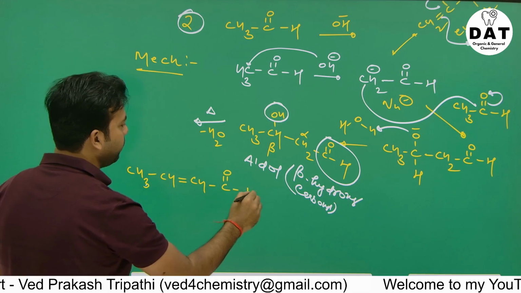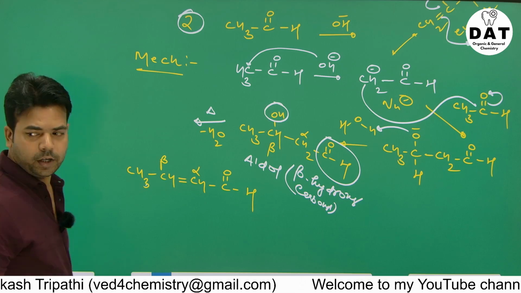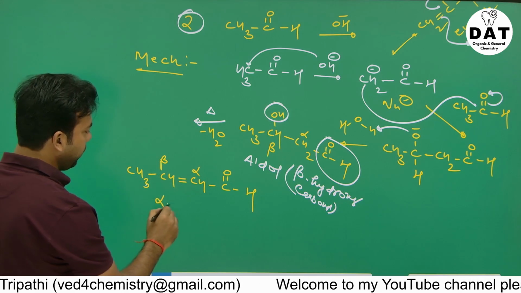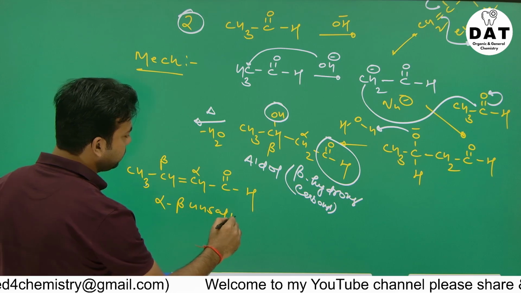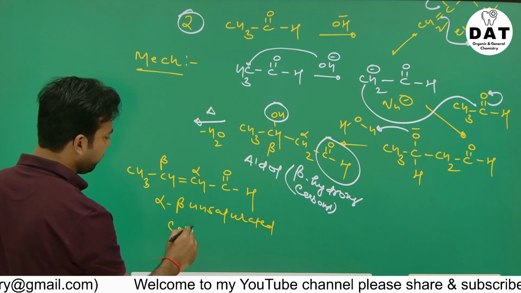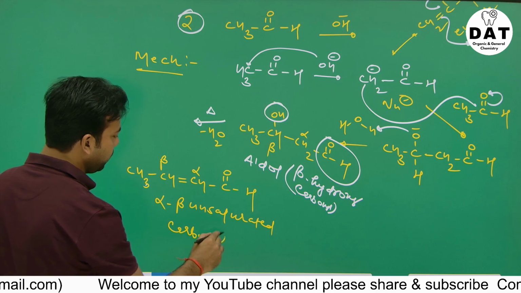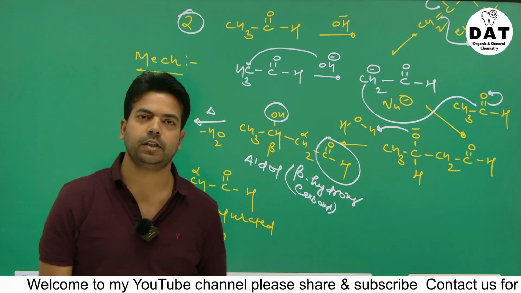This one is the final product, and we have a double bond here, so it is called an alpha beta unsaturated carbonyl. Clear? So this is the final product of aldol condensation.